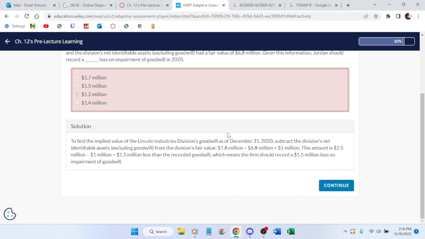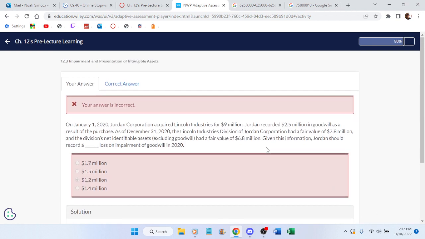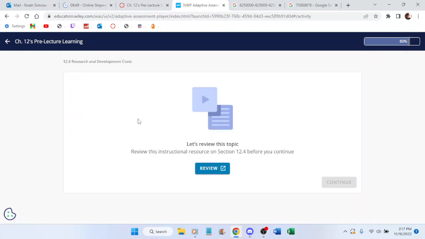What is going on here? I'm not even going to bother with this. I don't care. 1.5 million. I'll just memorize that. That's the answer.